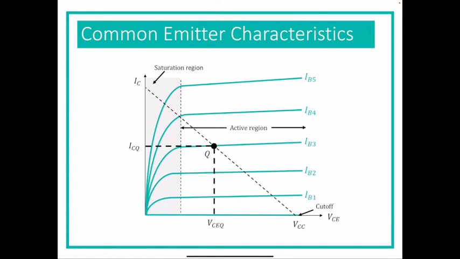When you take a course in amplifiers, you learn why it's important to put the operating point in the middle of the active region. But for now, we're not going to talk about that. So we're going to talk about the active mode. The active mode for a BJT is when the base-emitter junction is forward biased and the collector-base junction is reverse biased.